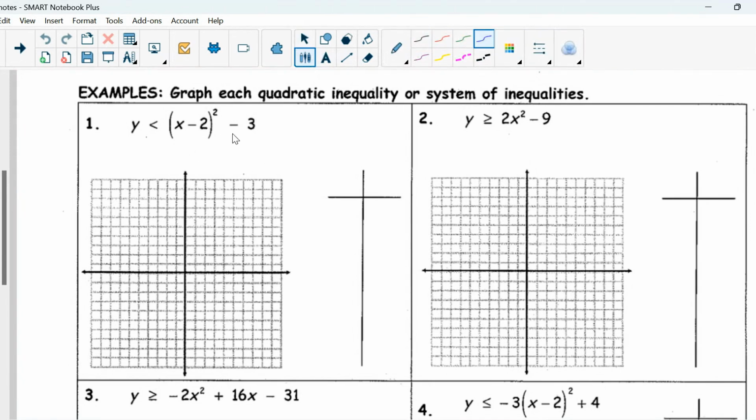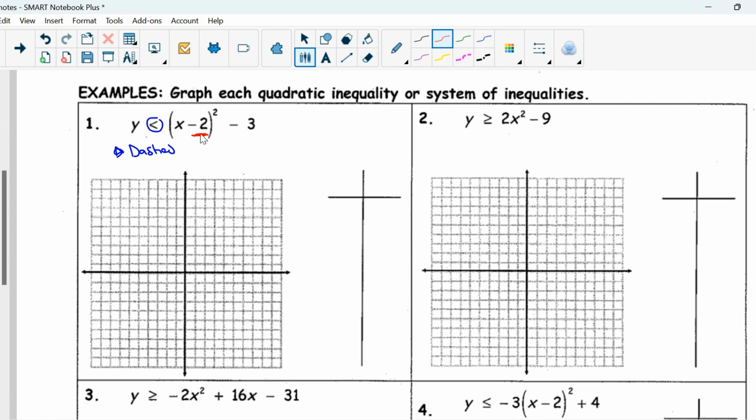So number 1, we are dealing with vertex form. So before we even get started, let's check your inequality symbol. This indicates that we will have a dashed line. Okay, since we are in vertex form, we can find the vertex right away.